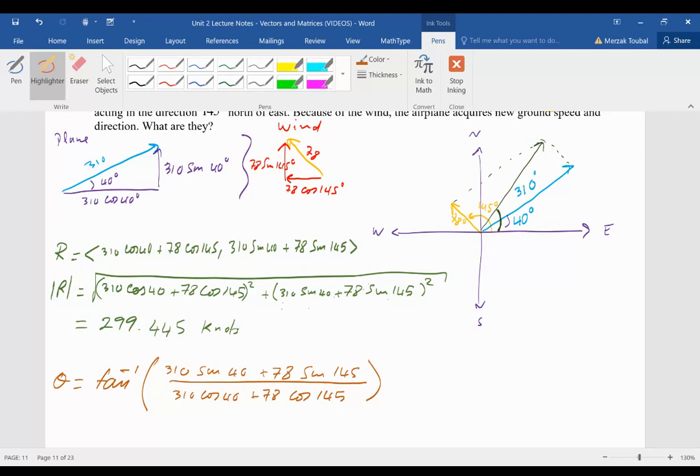So 310 sine 40 plus 78 sine 145, and then on the bottom I get 310 cosine 40 plus 78 cosine 145, close, enter, and I got something that makes sense. 54.573 degrees, which I said is between 40 and 90, and that's between 40 and 90.